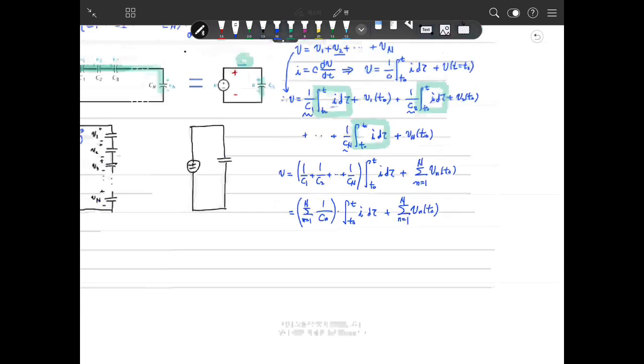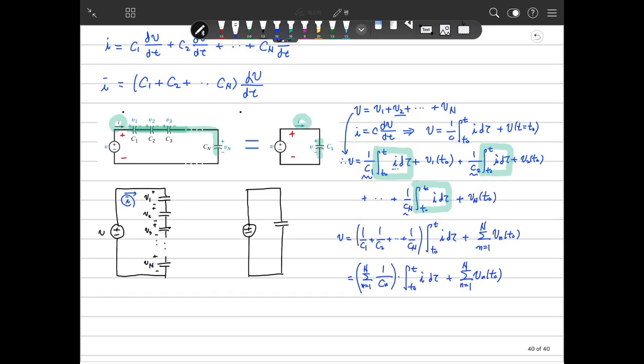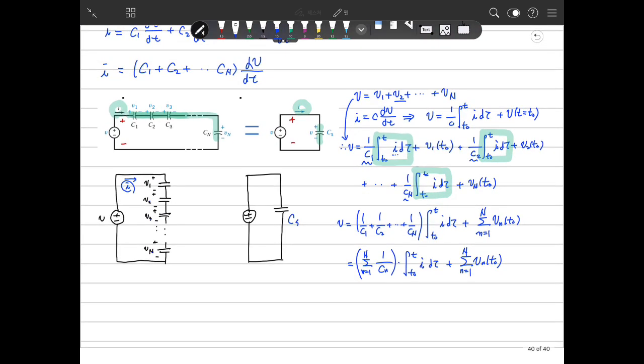So to compare, this is Cs, this is V, this is I. Based on here, we can write V is equal to 1 over Cs integral from t0 to t of I dτ plus V(t0).